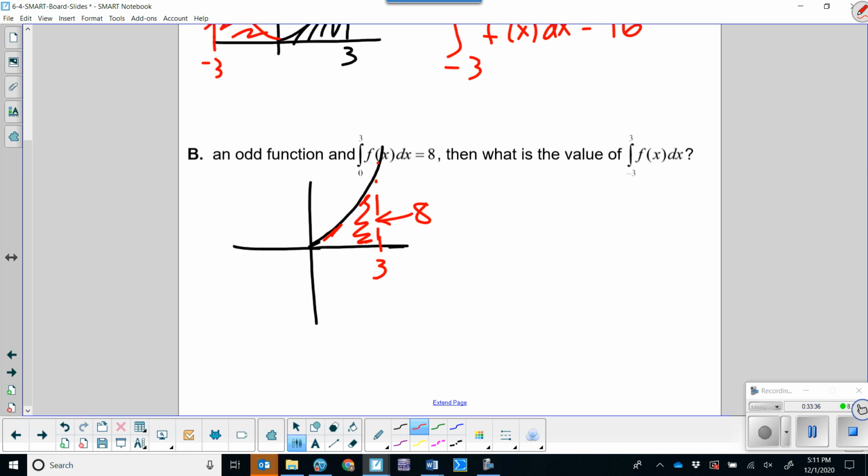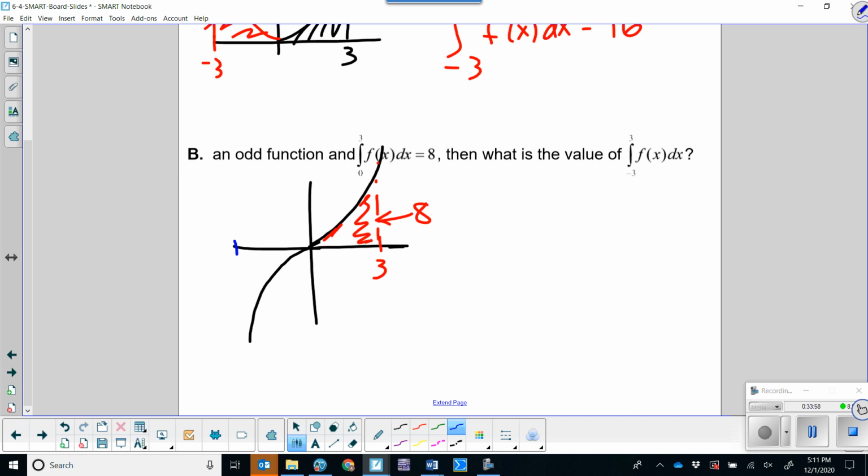Now, because it's an odd function, I'm integrating from -3 to 3, so what would the other part look like? Well, remember, if it's odd, you're going to get a reflection or rotation about the origin. Or think about x cubed. I always try to think of a simple odd function to help me out.